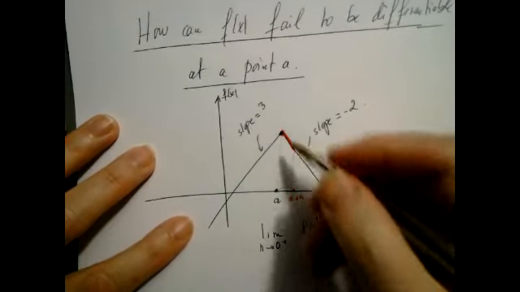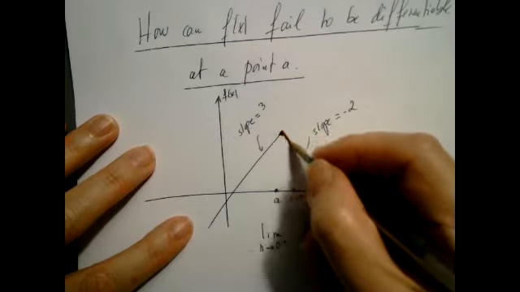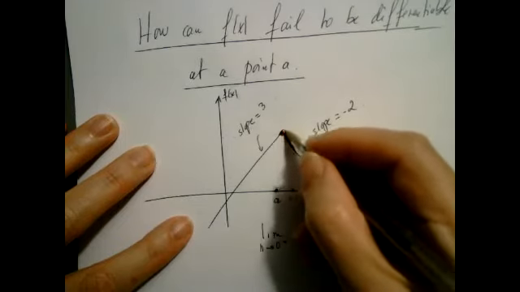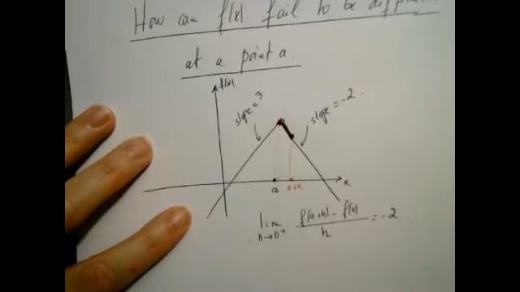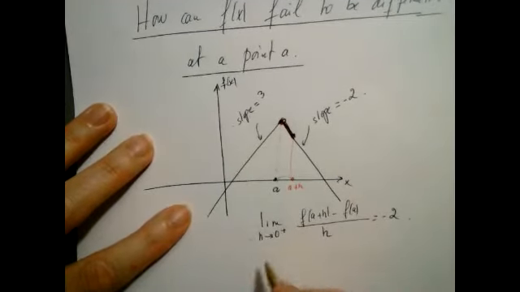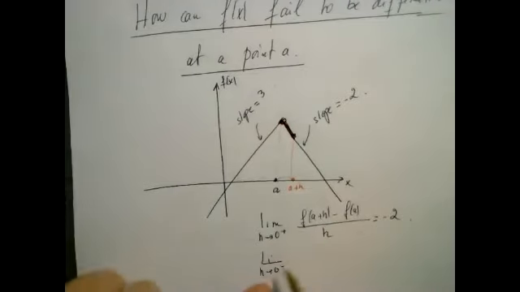If I do that, this is my a plus h and this is a. I'm actually asking for the slope of this line. But the slope of this line is -2. Now, what happens if I take h negative? What does h negative mean? It means h is minus point something.